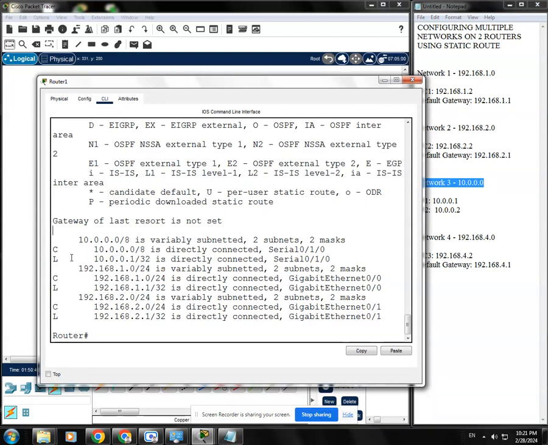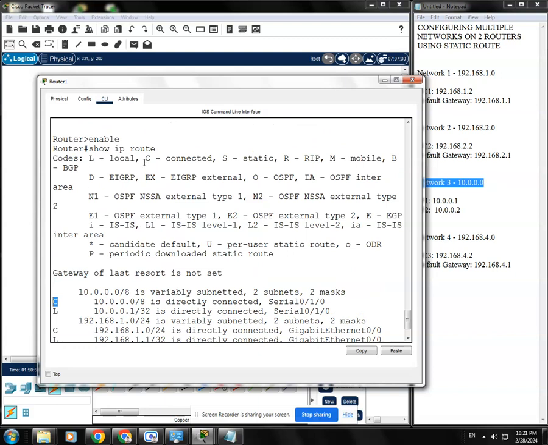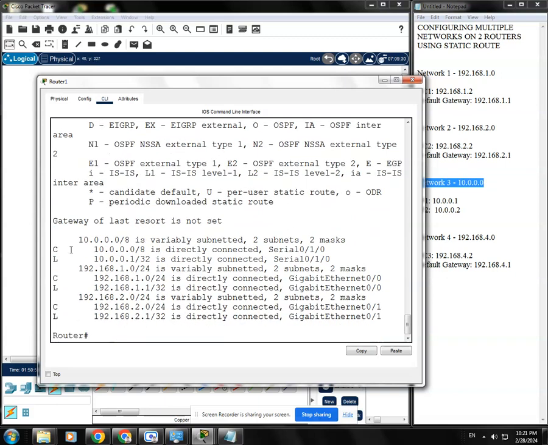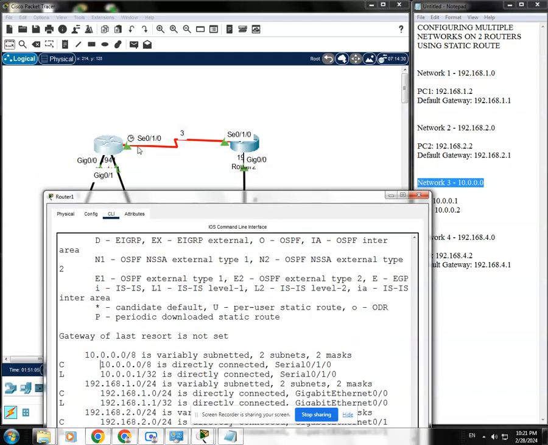Because it says here that C stands for connected. So 10.0.0.0/8 is directly connected to serial 0/1/0, which is this one. That is why it can see the network, 10.0.0.1 here and 10.0.0.2 here.